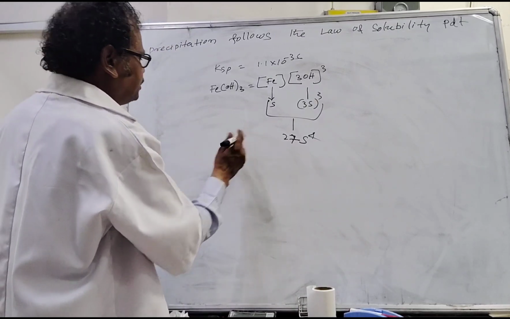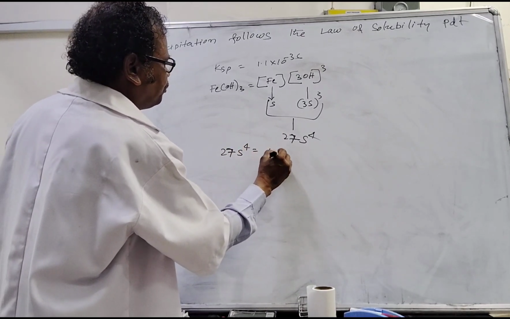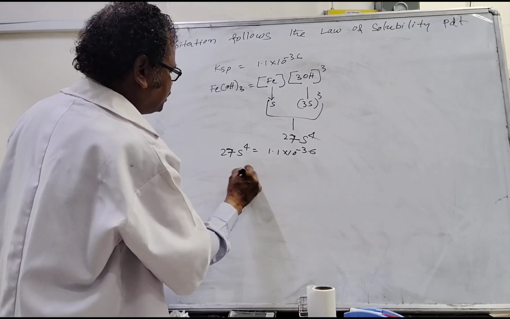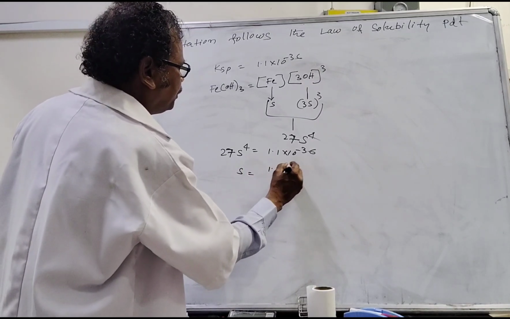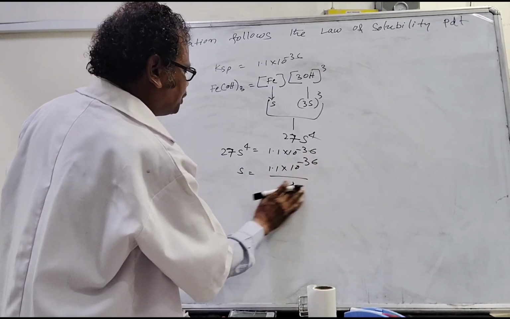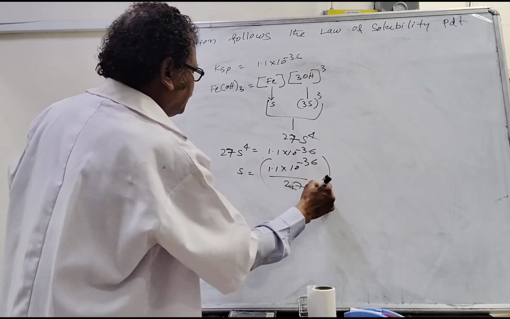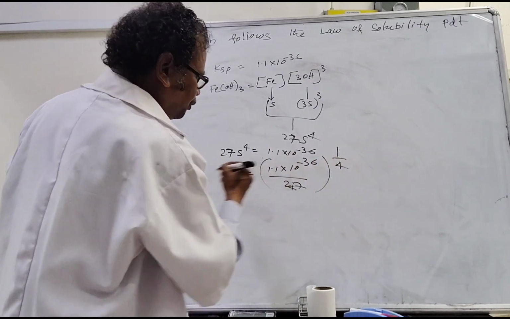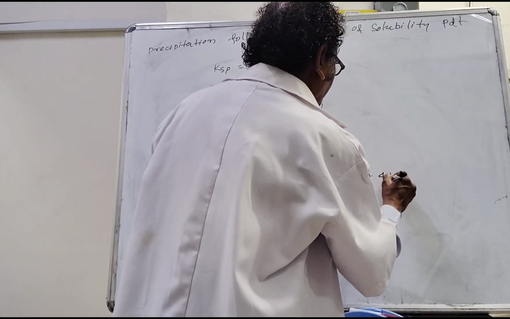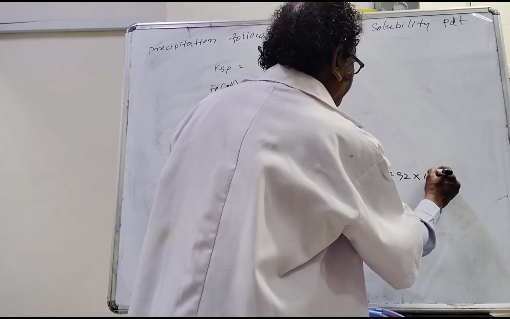Then this 27 S^4 is equal to 1.1 into 10 to the power minus 36. S is equal to 1.1 into 10 to the power minus 36 by 27, and it will give 0.4492 into 10 to the power minus 8.